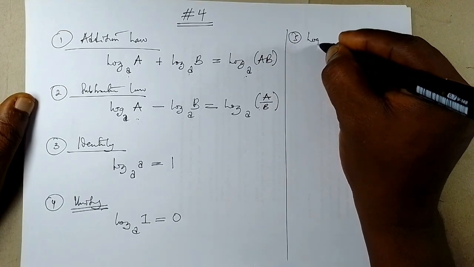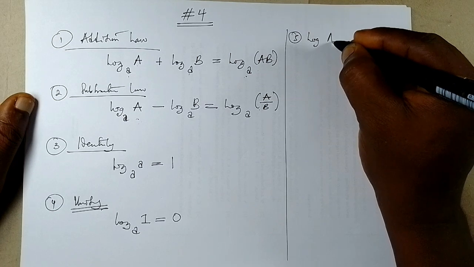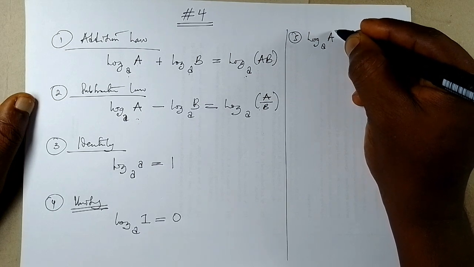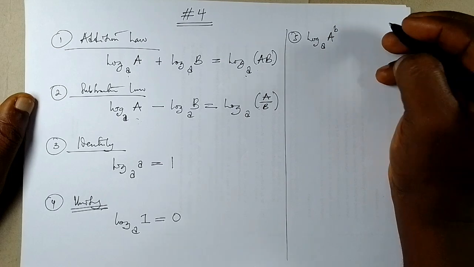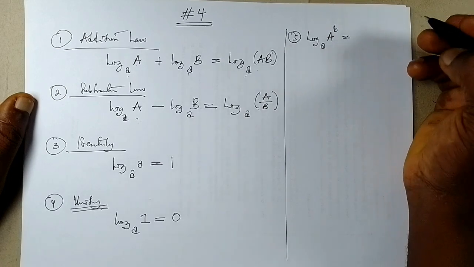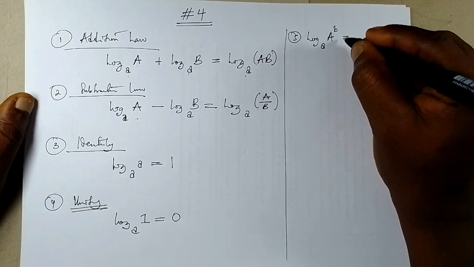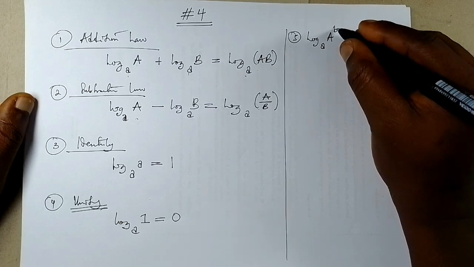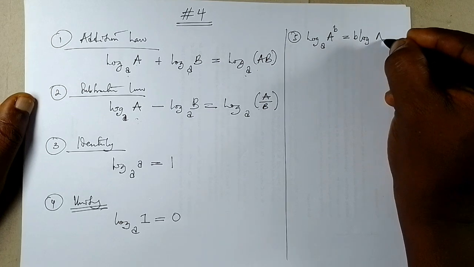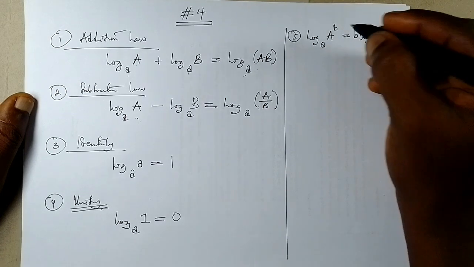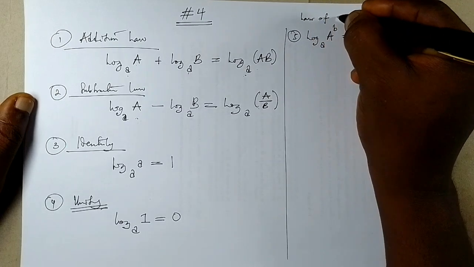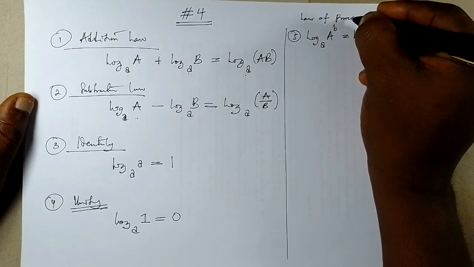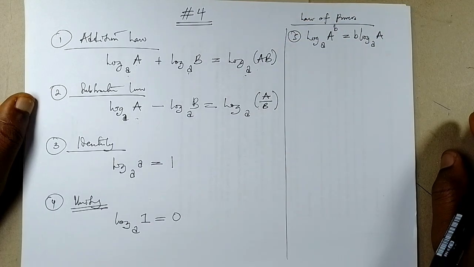If you have a number a in a base a, and this particular number a carries a power b, then this law is telling you the result will be b multiplying the logarithm of a in base a. So this law is called the law of powers.